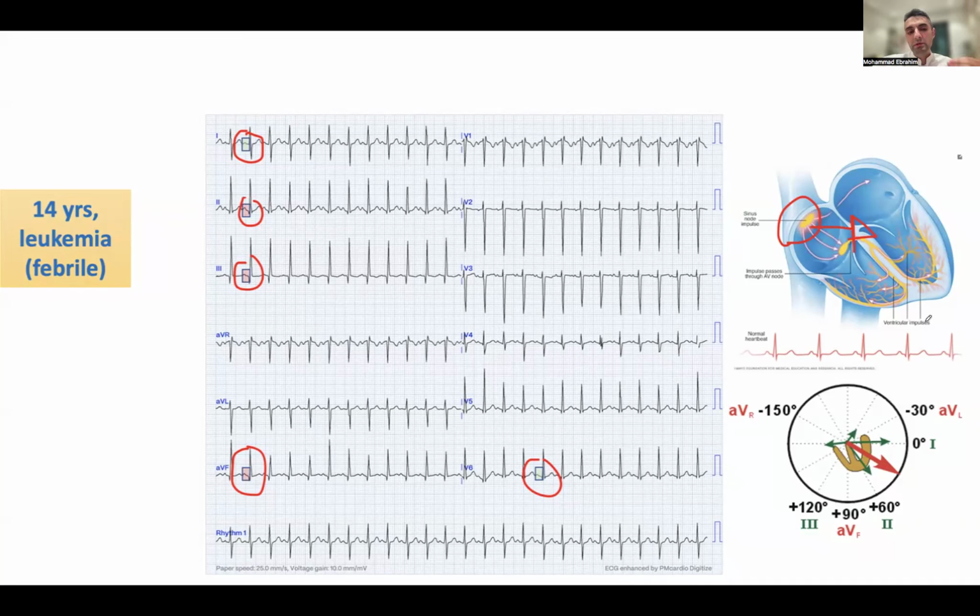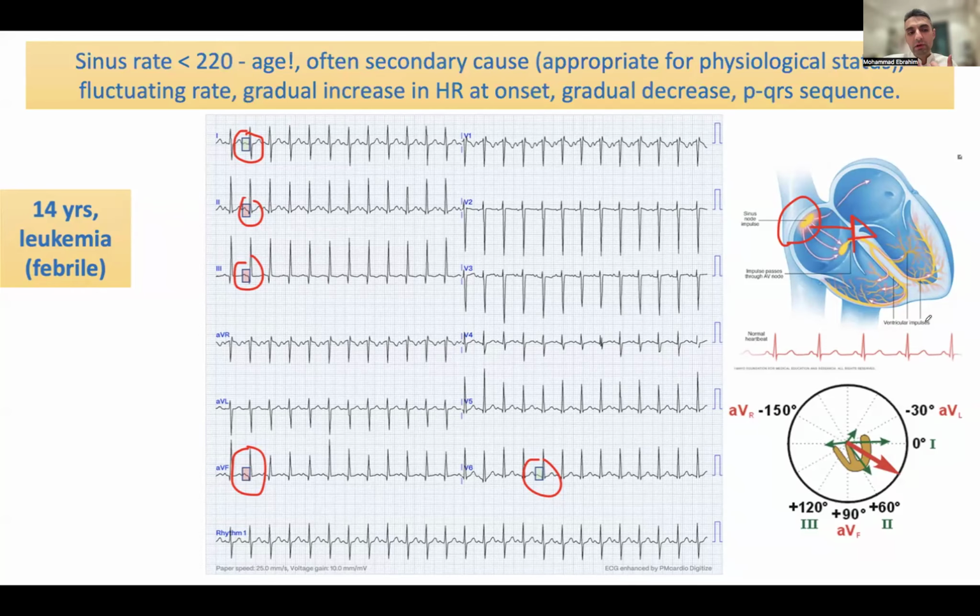So if you see P waves that are positive in lead 1, lead 2, lead 3, lead AVF, this is most likely a sinus P wave. And if the patient is tachycardic, this is most likely sinus tachycardia, especially if the patient is febrile, is crying, is irritable, is sick, is hypotensive, is running, etc. The sinus rate usually is 220 minus the patient age.